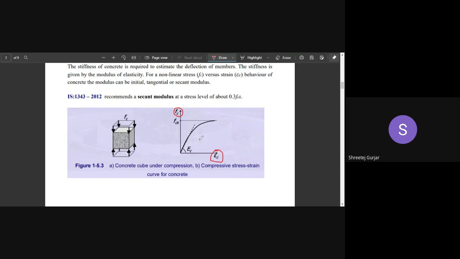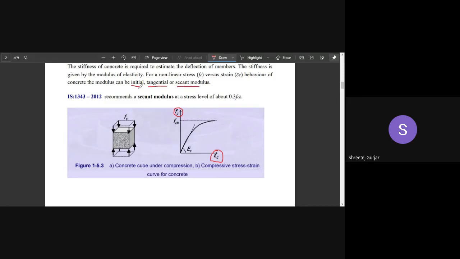So this is a non-linear stress strain curve of concrete, and we have three methods by which you can determine the modulus of elasticity: the initial modulus, the tangential modulus, and the secant modulus.